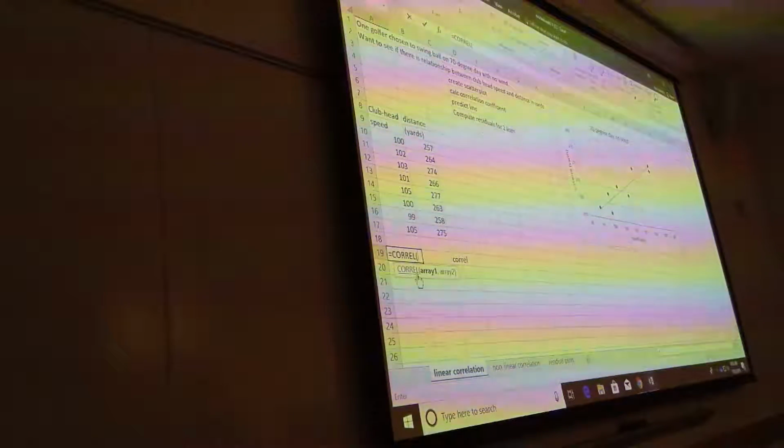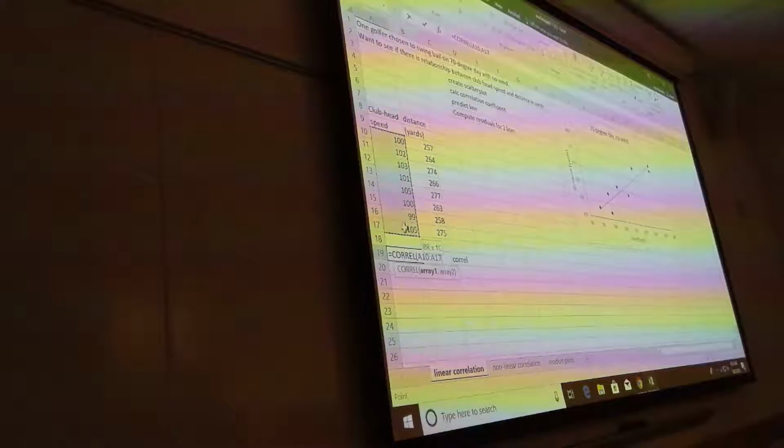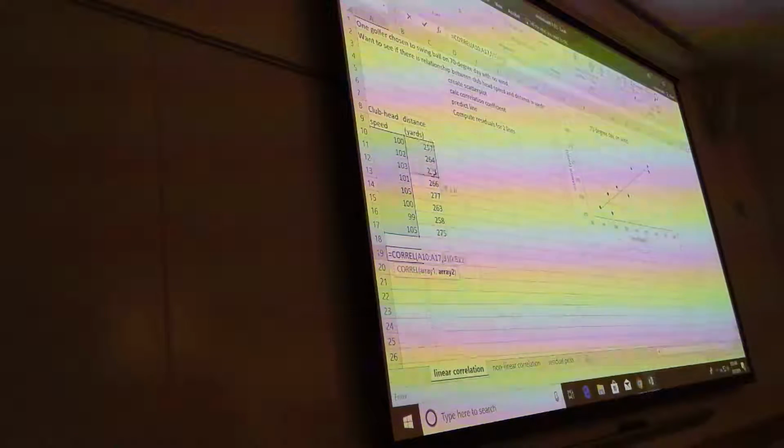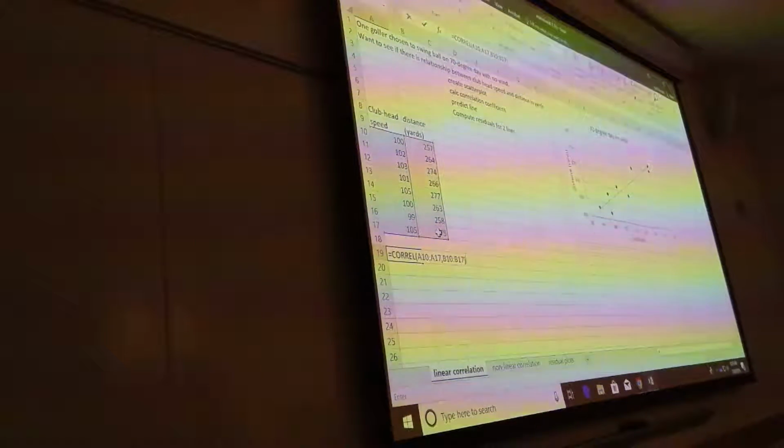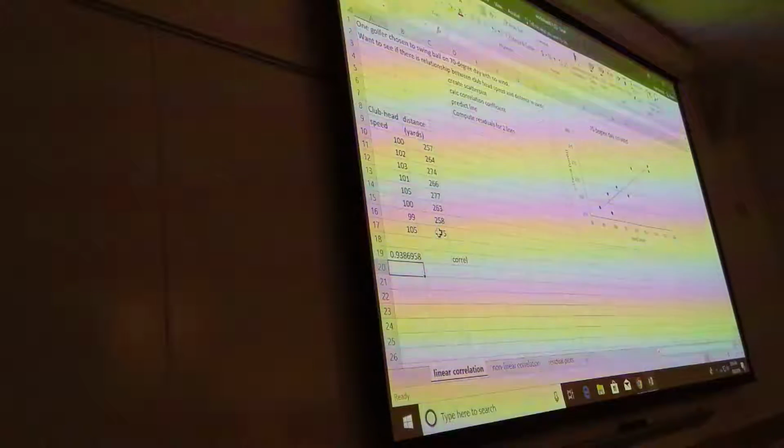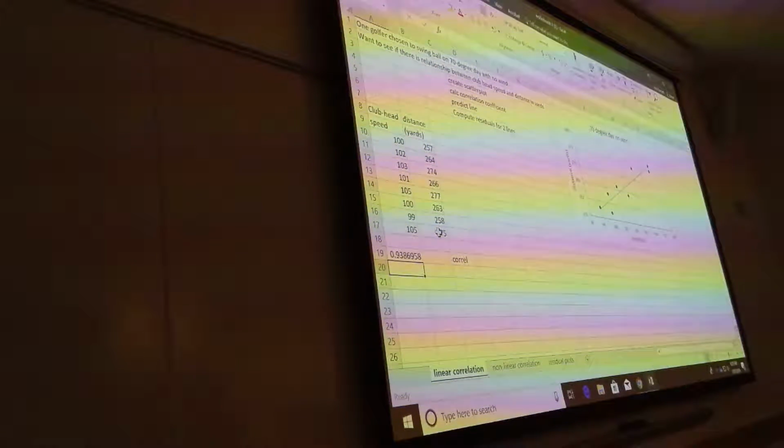And then you do the speed first, and then comma, and then the yards. Very good. You did better than my class yesterday. Okay. So the correlation coefficient would be 0.938, and so you would say that was a strong correlation, right?